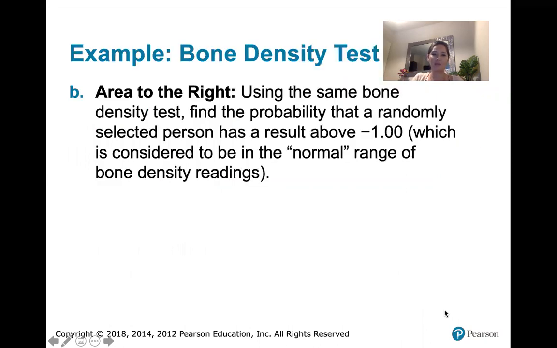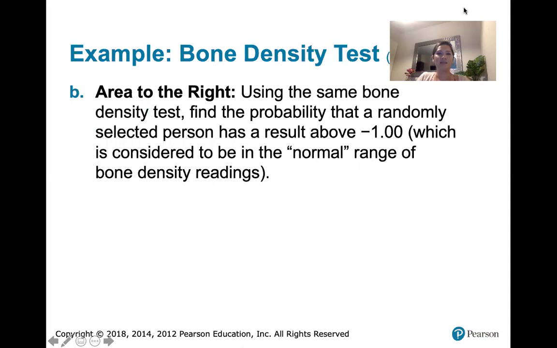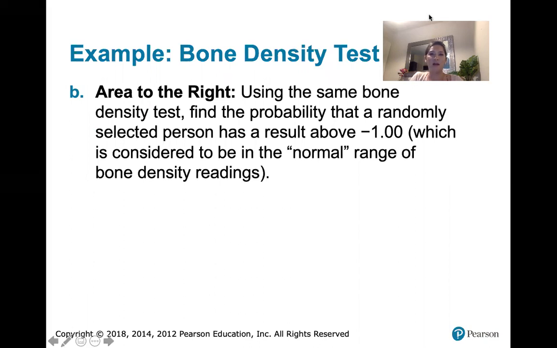Now let's look at a question where you're asked to find the area to the right. It says using the same bone density test, so it's still a standard normal distribution with a mean of 0 and a standard deviation of 1. Find the probability that a randomly selected person has a result above -1.0, which is considered to be in the normal range of bone density readings.